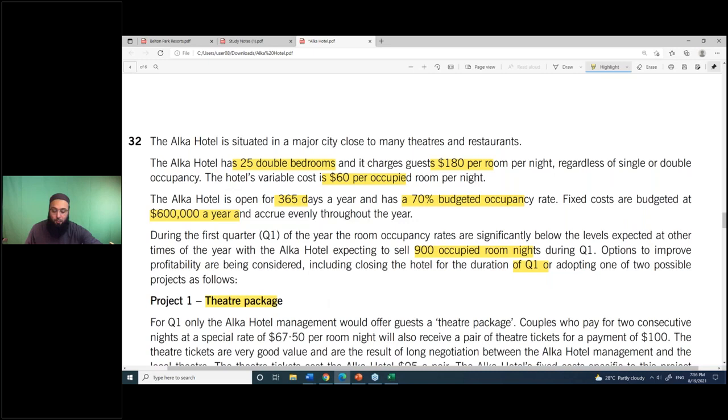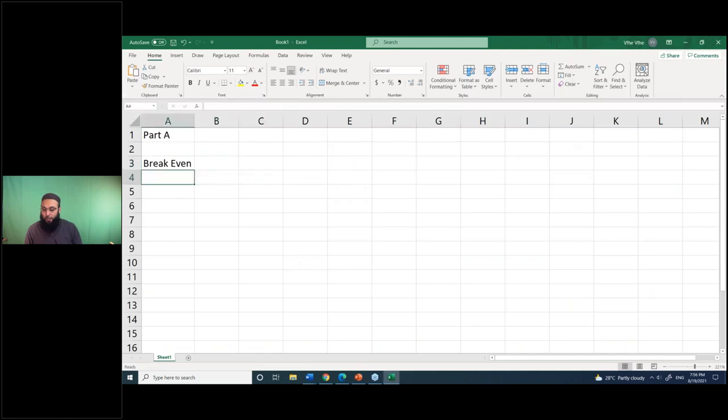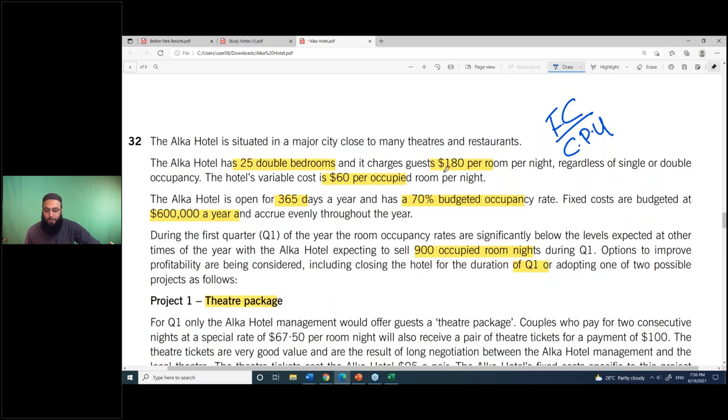The formula is fixed cost divided by contribution per unit. Okay, this is what I need. So I have to show the calculations as well. First thing I'm going to do is work out the contribution per unit, right? For contribution per unit, I simply use selling price and deduct the variable cost from that. So where is the selling price? It's given 180 here, as you can see, and the variable cost is 60, right?